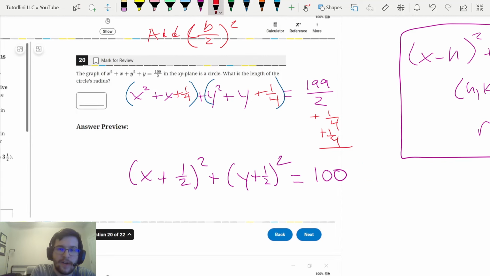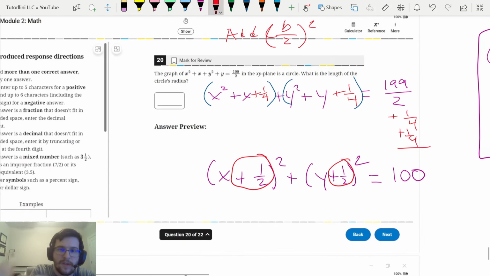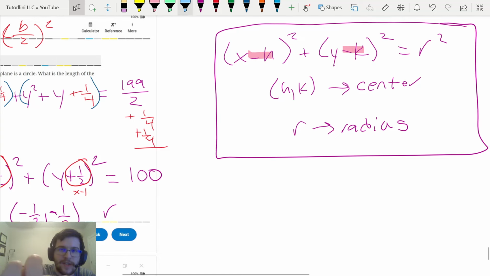So the center is this one and this one, but you got to remember to multiply by -1 because there's a minus in the equation. So multiply by -1, multiply by -1. So the center is -1/2, comma -1/2. They didn't ask you that. I'm just going over that in case it was a future question. And this right side is r squared. So this is r squared.